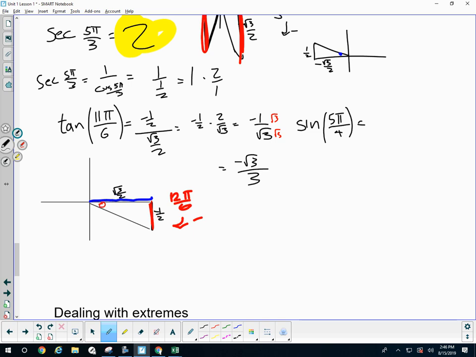Do the sine of 5 pi over 4 if you haven't done so already. Check your answer with a neighbor, please.